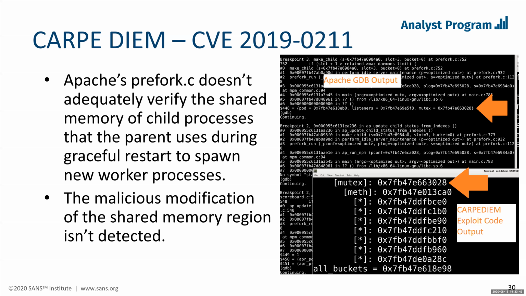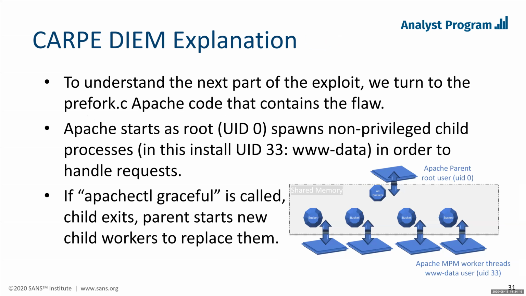And the code, the vulnerable code, is actually the prefork.c code. And I'm going to talk about the Apache flaw momentarily. This graphic is intended to show you that, yes, the exploit is finding the mutex. The mutex is correct. The places to write in memory are all correct. And this is all shared memory as part of what the PHP, again, interpreted code running inside of the Apache process, part of what it is actually able to see.